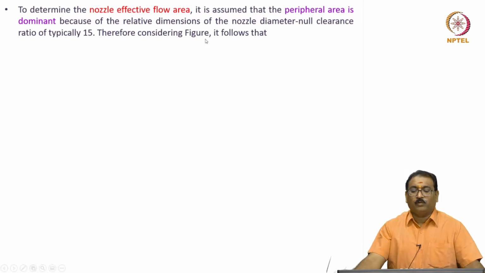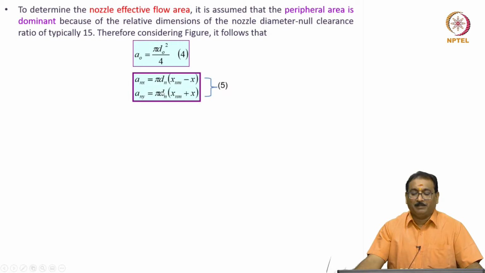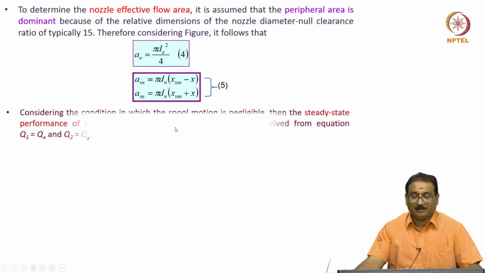Therefore, considering the figure, it follows that A0 equals pi by 4 dO square. The perimeter here, ANX, is pi dN (xnm minus x), x being the displacement of the flapper. Similarly it will pass, correct, equal proportionately here.